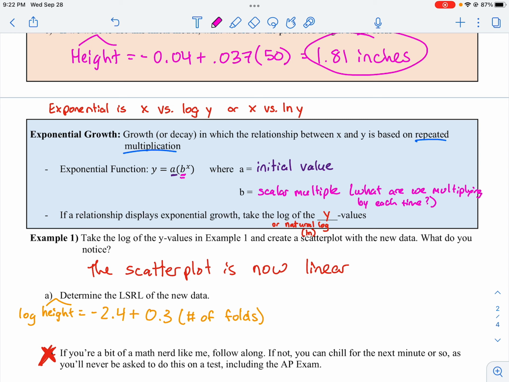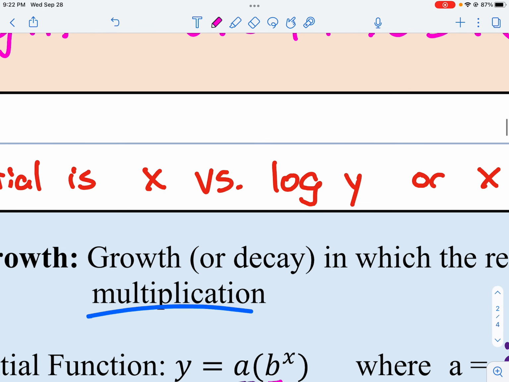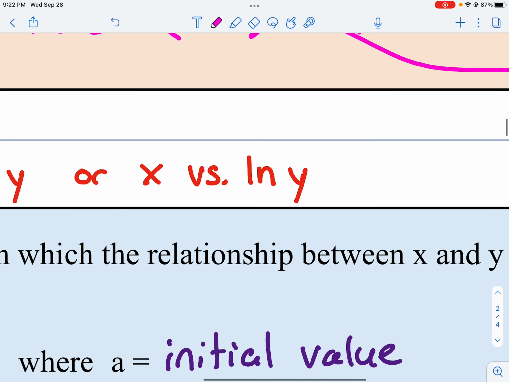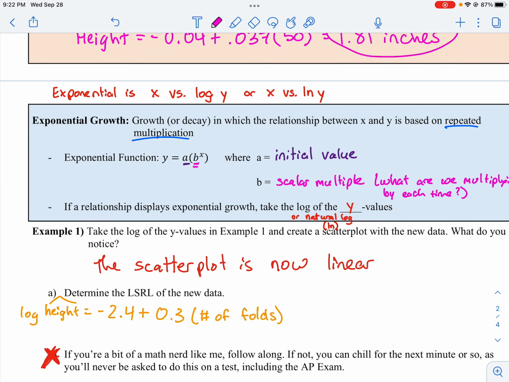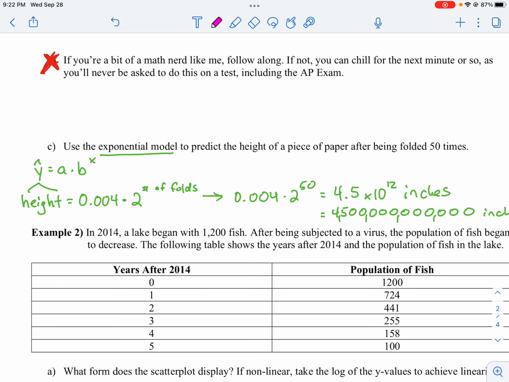What are we changing by each time? To make an exponential model linear, x stays, but we take the log of our y's or the natural log of our y's. It works the same way. And when we determine that x versus the log of y is a straight line, now we know it's an exponential model. Therefore, we can use the exponential model function on our calculator to get the equation of that model and then plug in our values to get our corresponding answers.